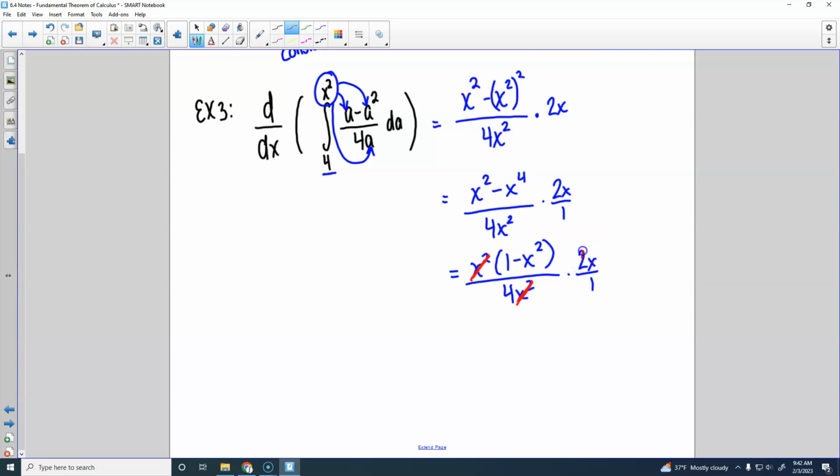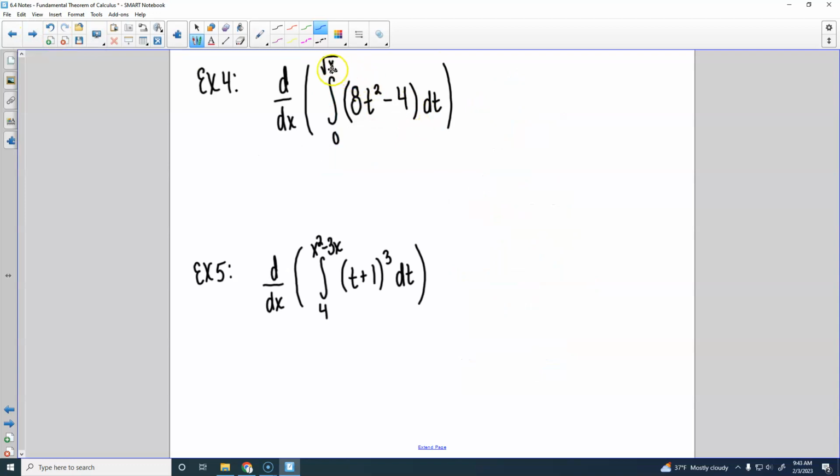And I would reduce this and make it a 1 and this a 2. So we would have x times 1 minus x squared over 2. I put this x out front right here. Okay, does that make sense what we're doing there?